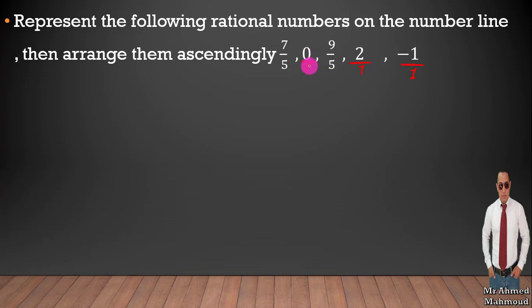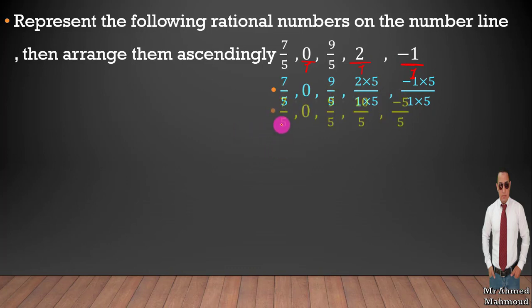To change 0 over 1, 2 over 1, and negative 1 over 1 to denominator 5, I'm going to multiply all of them by 5 over 5. Negative 1 over 1 times 5 over 5, 2 over 1 times 5 over 5, and 0 over 1 times 5 over 5.